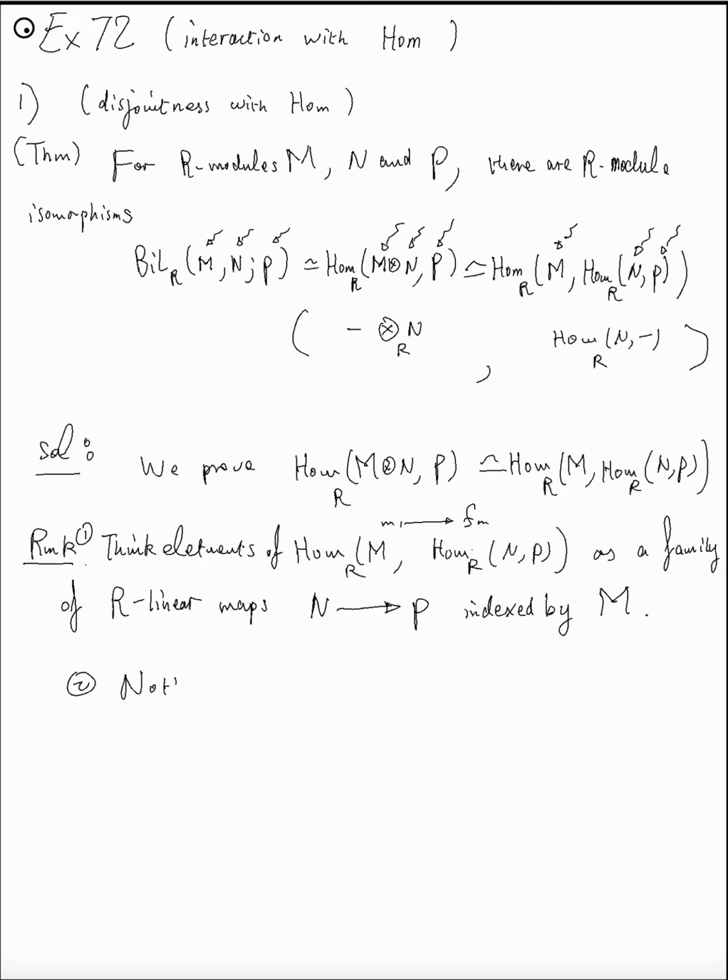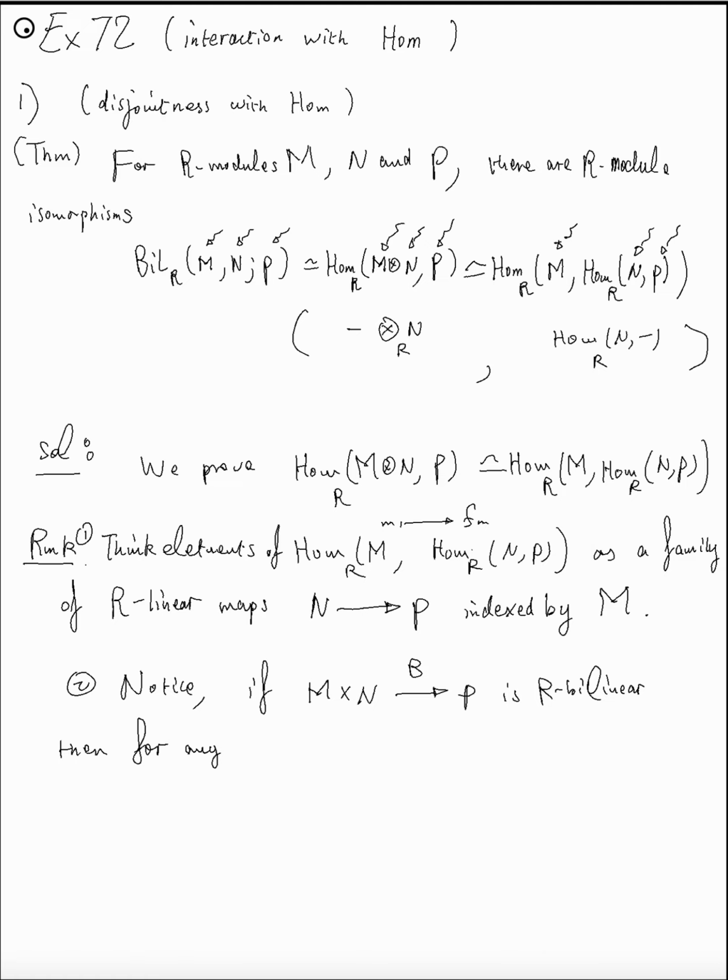Notice if we have a bilinear map, then we get a family of linear maps.